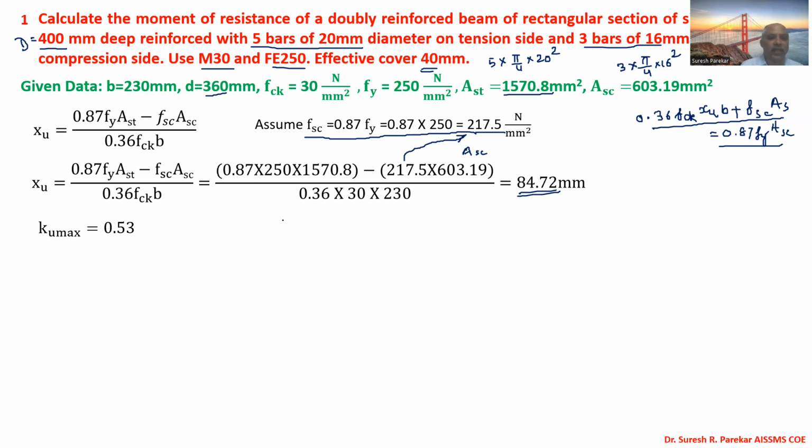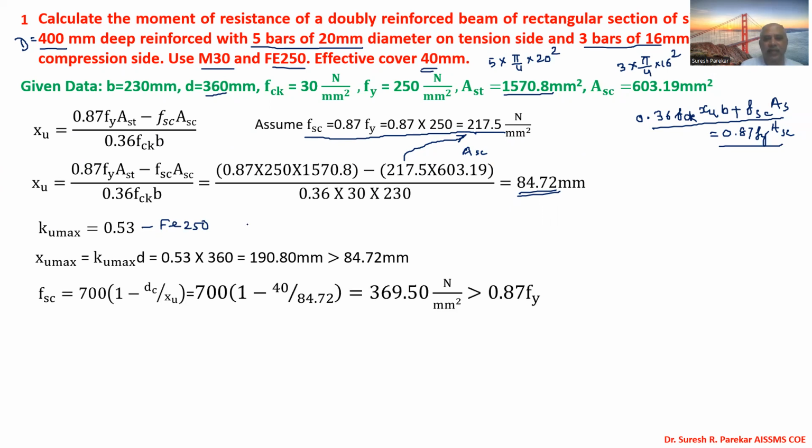And then we know we have Ku max for Fe 250, that is 0.53, and from this we calculate Xu max. We have 190.80, which is greater than 84.72. So we can say our section is under reinforced.